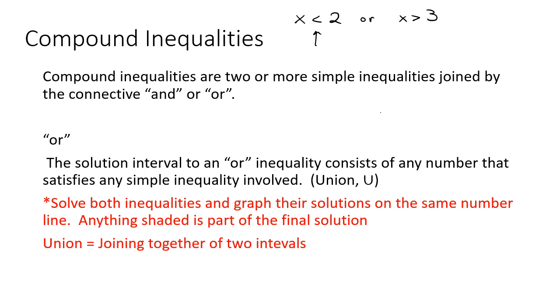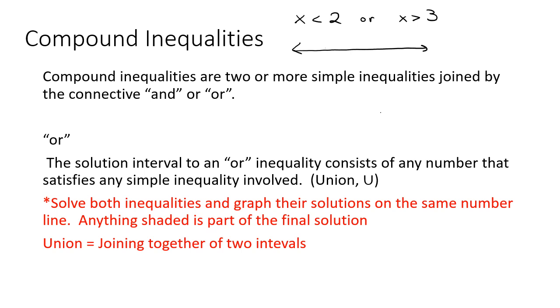So any number that satisfies the one on the left is part of the final answer. Any number that satisfies the one on the right is part of the final answer. Any number that satisfies any of the inequalities is part of the final answer. And so this time around, in order to figure out what the final solution is, you still start the same way by solving both simple inequalities, which I've already done in this case.